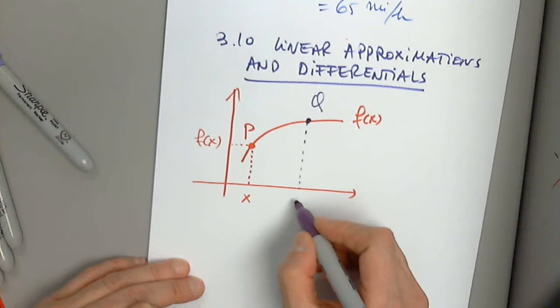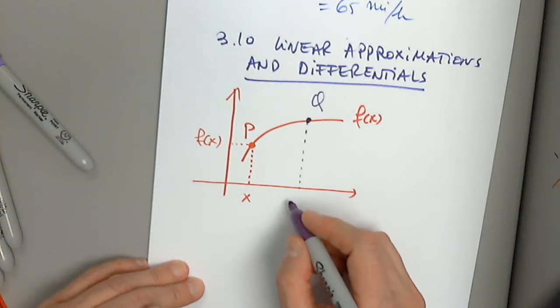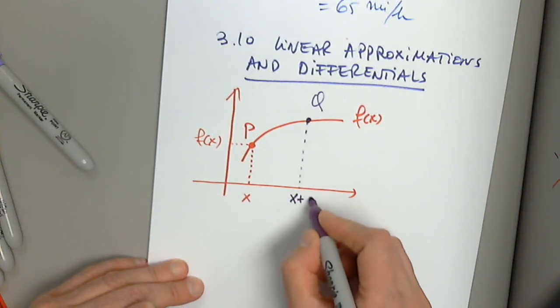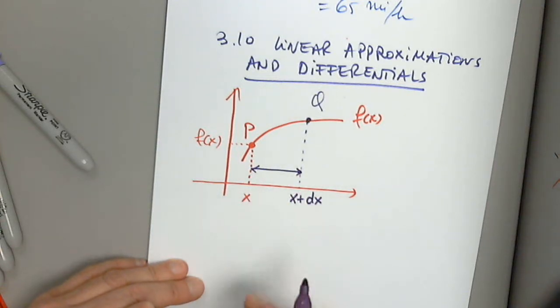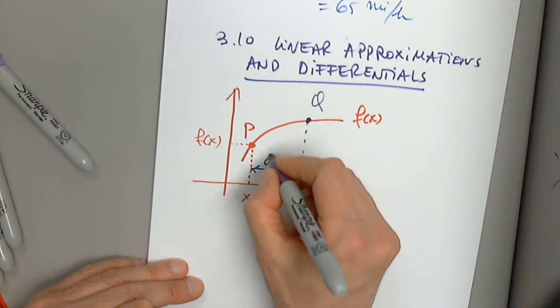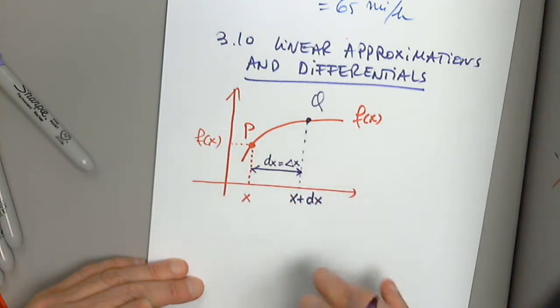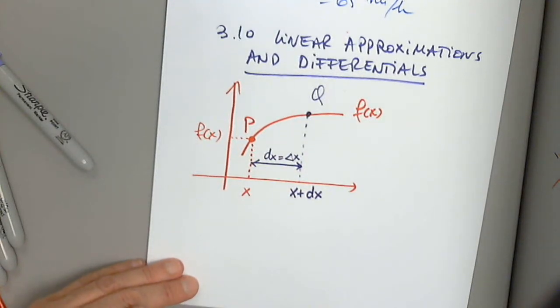And the x-coordinate of q will not be x plus h. It will be x plus a little bit of x, which is that particular h, but now we change the notation. So this is dx or delta x. I'll explain what this means in a second.